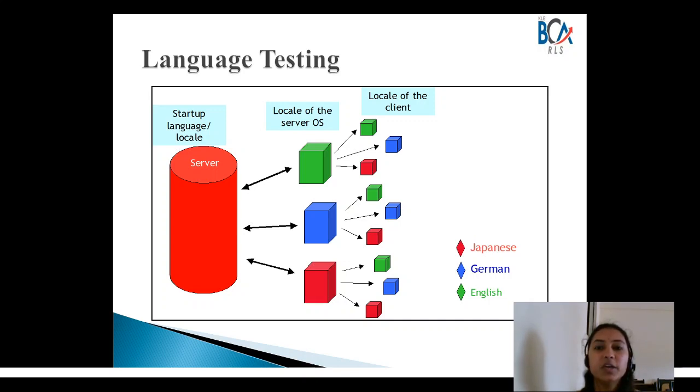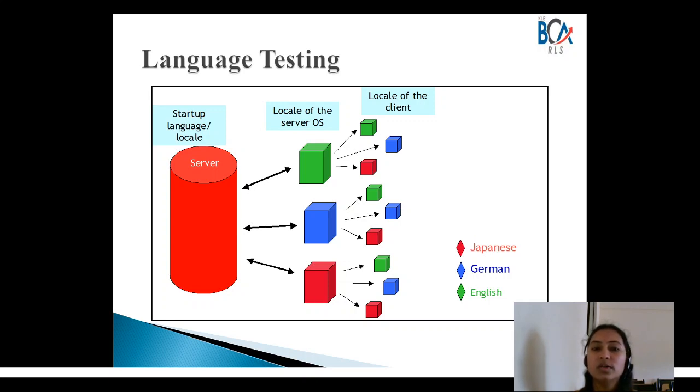Also, irrespective of the language being used for the software or operating system or their combinations, it is very important to verify these checklists during the language testing. Language testing should at least have some checklists like check the functionality on English, one on non-English, and one on double byte language platform.